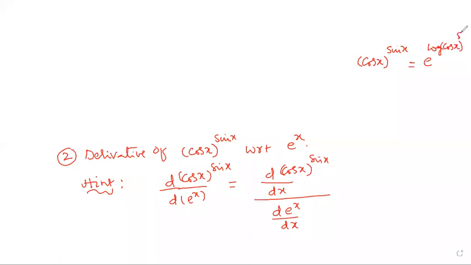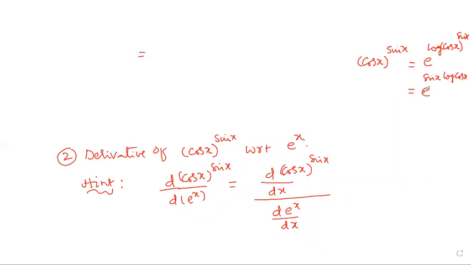Is it wrong? E and log cancel, leaving cos x power of sin x only. In logarithm, the power comes before, so it becomes e power of sin x into log of cos x.